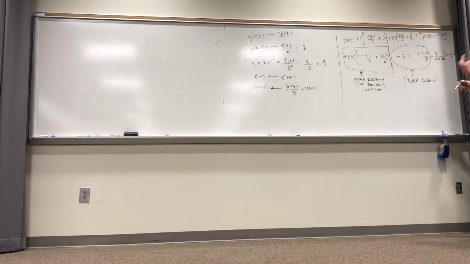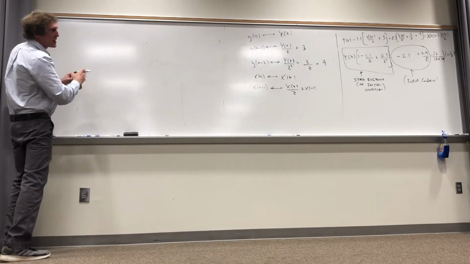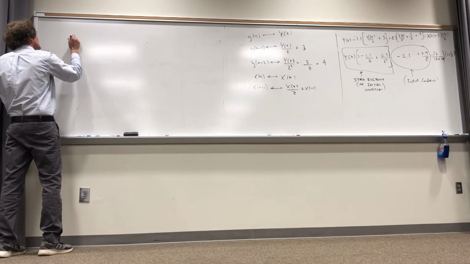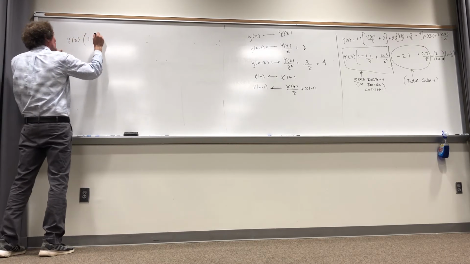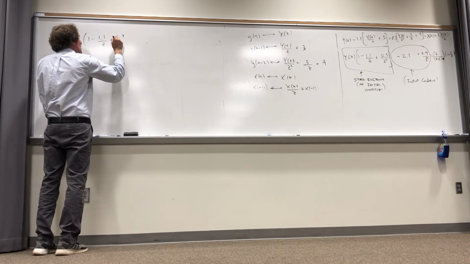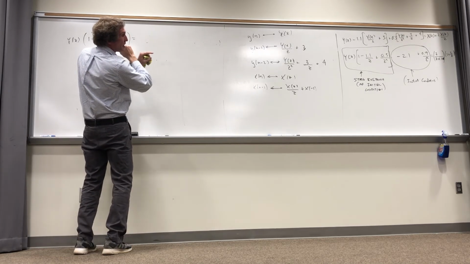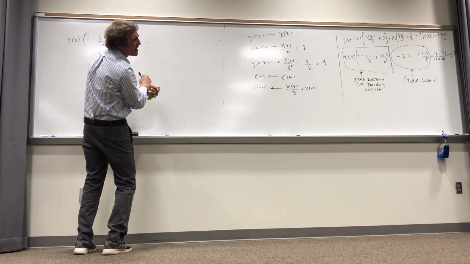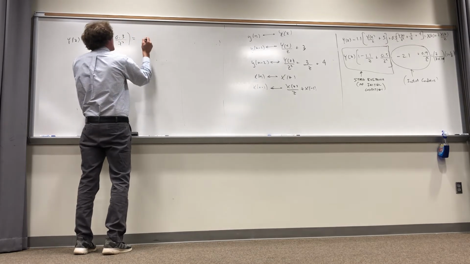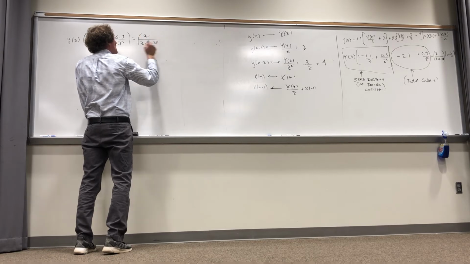Now I have that, and I can take those numbers to the other side. Let me go ahead and do this. Give me a hand with this too. We have y of z by itself, right? And it's times 1 minus 1.1 over z plus 0.3 over z squared, is equal to, and I'll start with z over z minus 0.25, right?